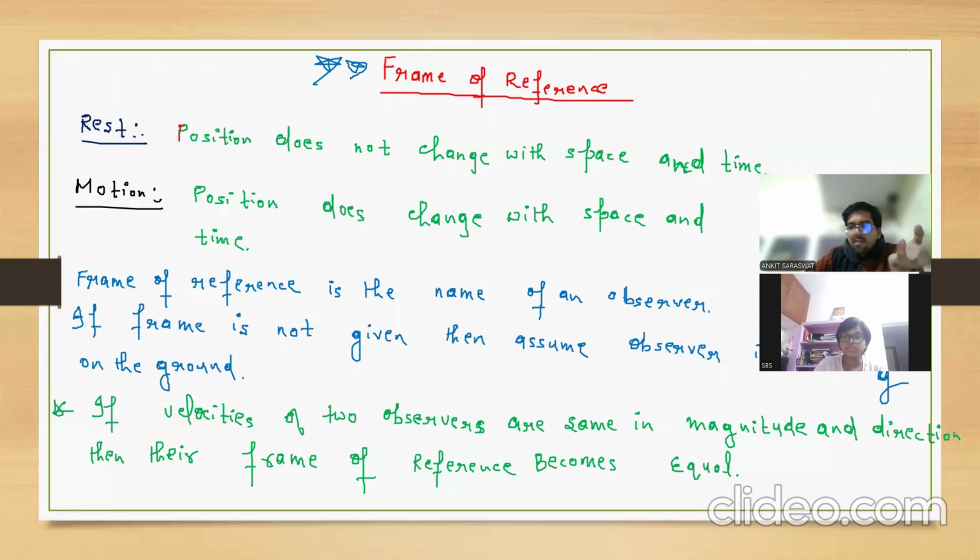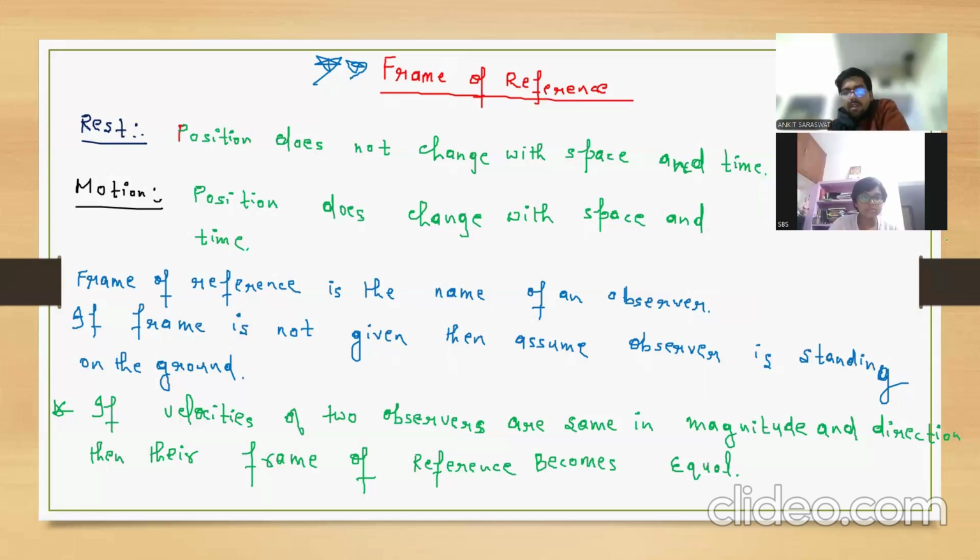For example, two passengers in the same train feel that both are at rest with respect to each other. Why? Because their frame is moving with the same velocity, so their velocities are the same in magnitude and direction.